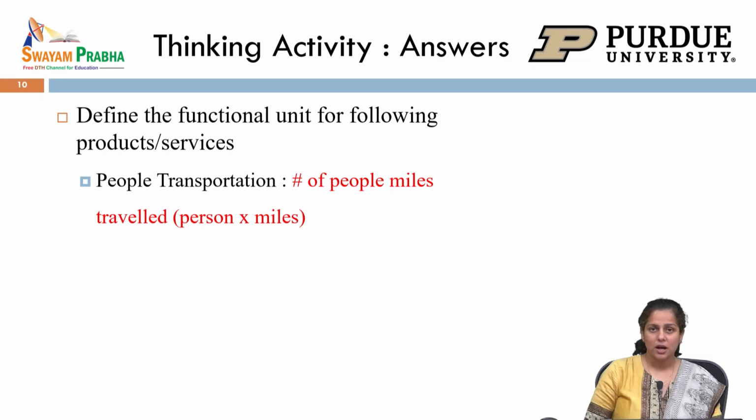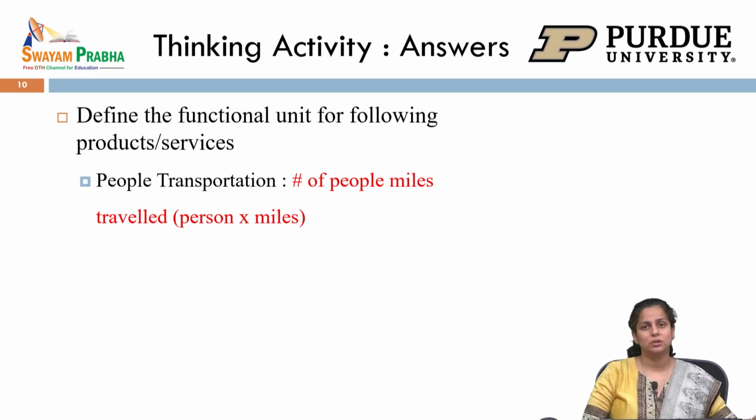So if we have 100 people who are traveling an average of 5 miles or 5 kilometers, then your functional unit is perhaps 500 person-kilometers. So if you want to compare your public transportation with car, then you will need to have that many people traveling in cars as well for the same amount of distance, and you would be doing your LCA based on that functionality for car.